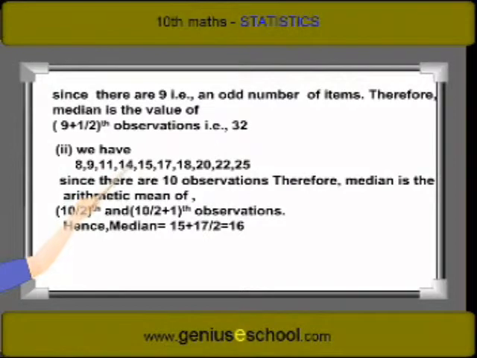For the second, we have 8, 9, 11, 14, 15, 17, 18, 20, 22, 25. Since there are 10 observations, the median is the arithmetic mean of the 10 by 2th and the 10 by 2 plus 1th observations. Hence, median is equal to 15 plus 17 by 2, which is equal to 16.